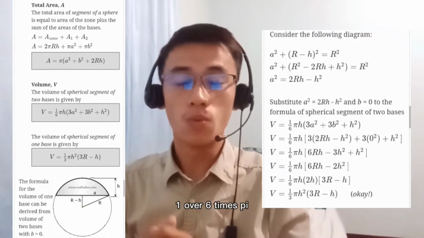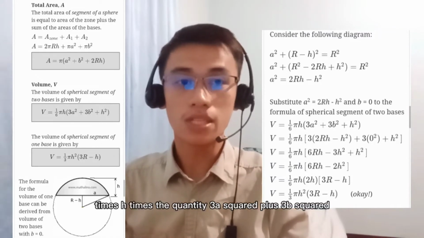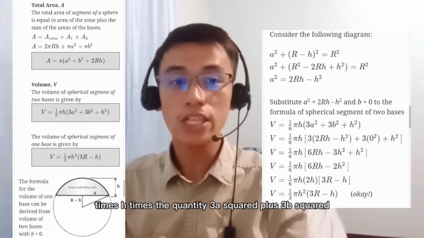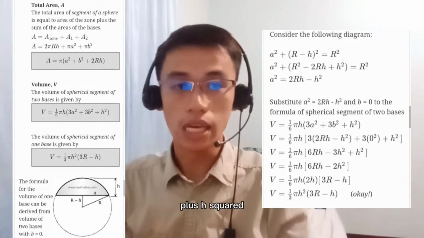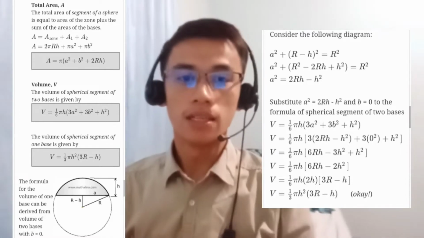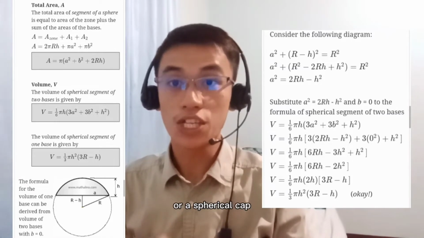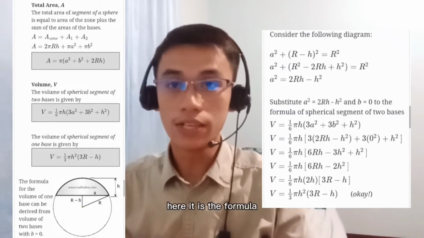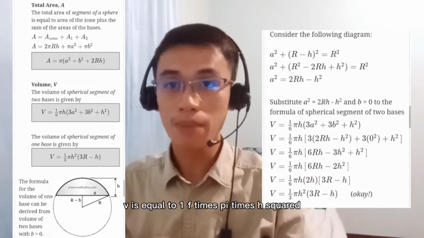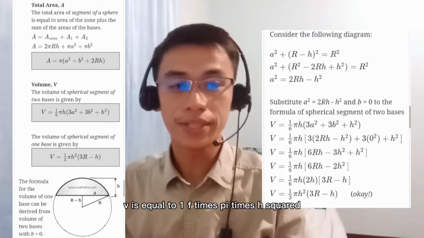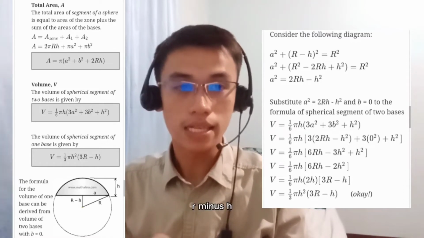V is equal to 1 over 6 times pi times h times the quantity 3a squared plus 3b squared plus h squared. For the volume of a spherical segment of one base, or a spherical cap, here is the formula. V is equal to 1/3 times pi times h squared times the quantity 3r minus h.